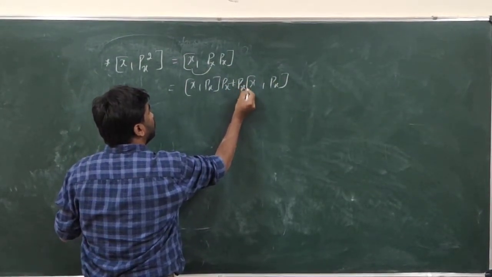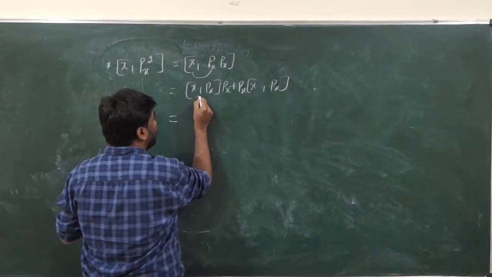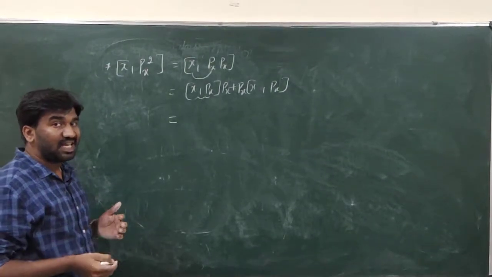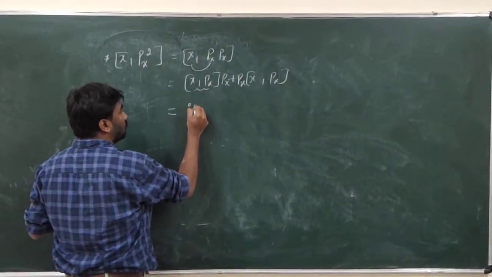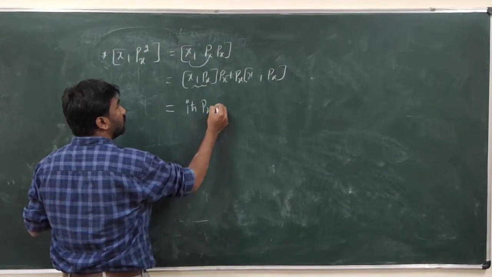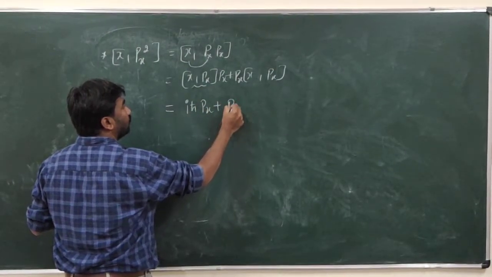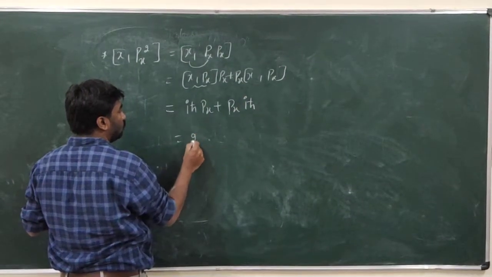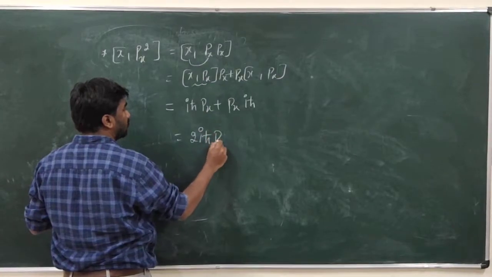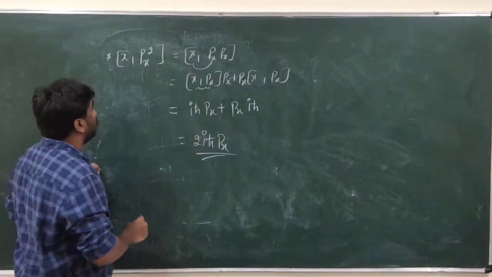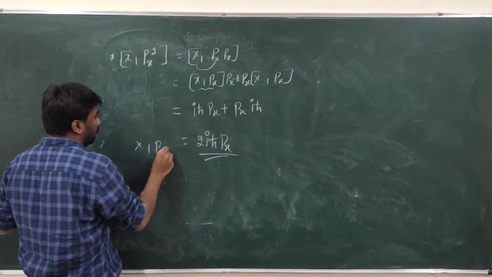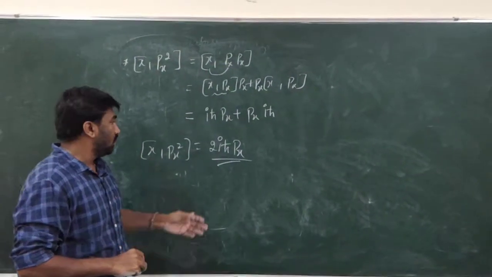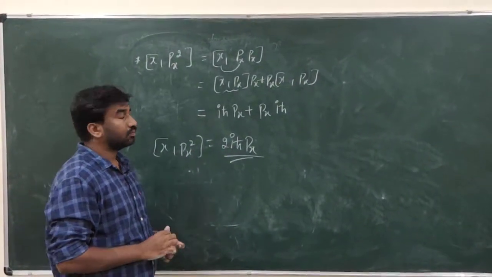So this is equal to iħ into px plus px into iħ, which is equal to 2iħ px. So the commutation relation of [x, px²] is 2iħ px.